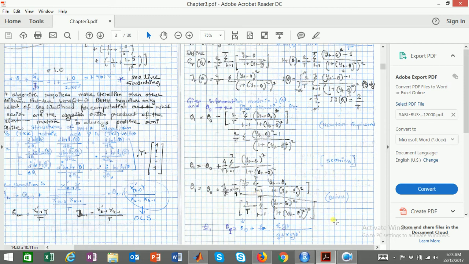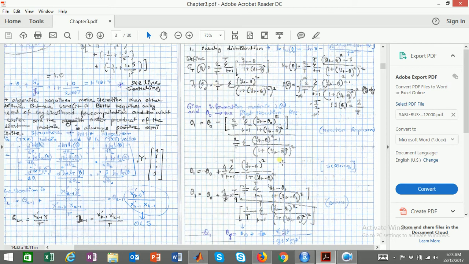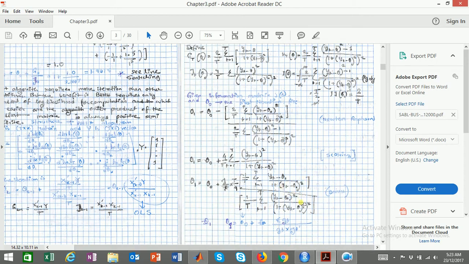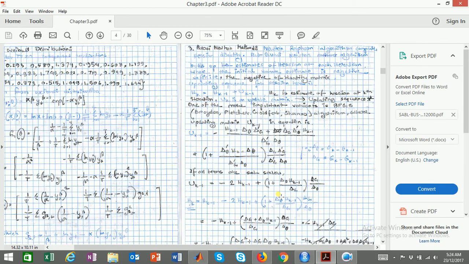And for the BHHH algorithm, theta 1 equals theta naught plus gradient divided by, so we have gradient 1 by T, because this crosses out, divided by gradient multiplied by gradient transpose, or simply the OPG. OPG equals gradient multiplied by gradient transpose. So summation of gradient divided by gradient multiplied by gradient transpose, as we can see from here.